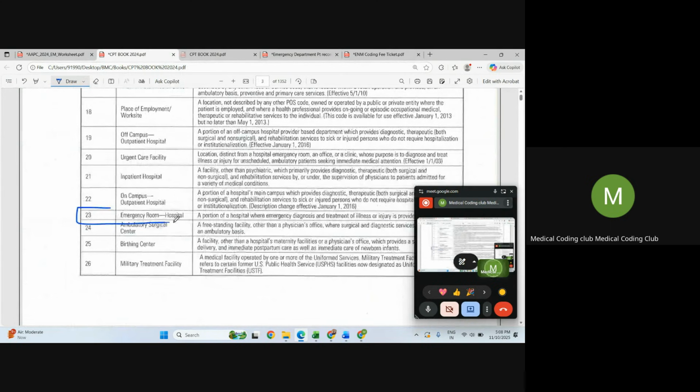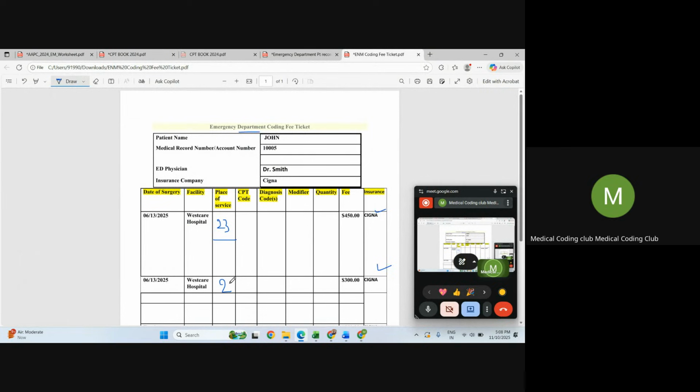Emergency room, hospital, 23. So you need to enter your place of service as 23. Next, the first CPT code, what we got? We got 99285. First CPT 99285, and quantity is 1. Some dummy fees are there here, so you can just keep it for your reference.